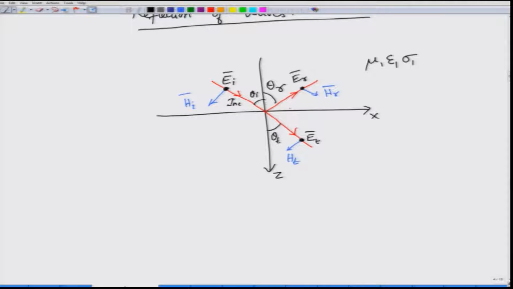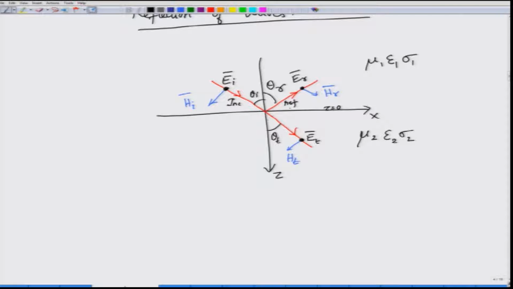The plane of reflection is formed by the reflected light, which propagates at an angle theta r with respect to the normal. The normal is along the z axis. Okay. So, this point is z equal to 0, obviously the interface separating the two media. The second medium has constants mu2, epsilon 2 and sigma 2.